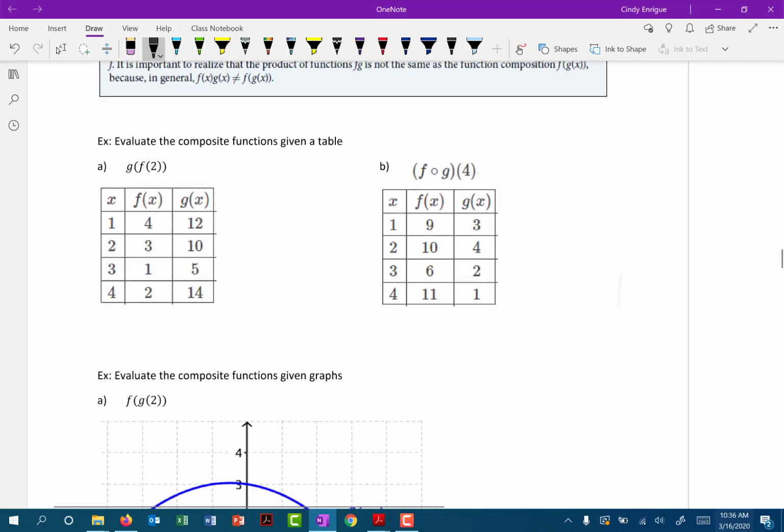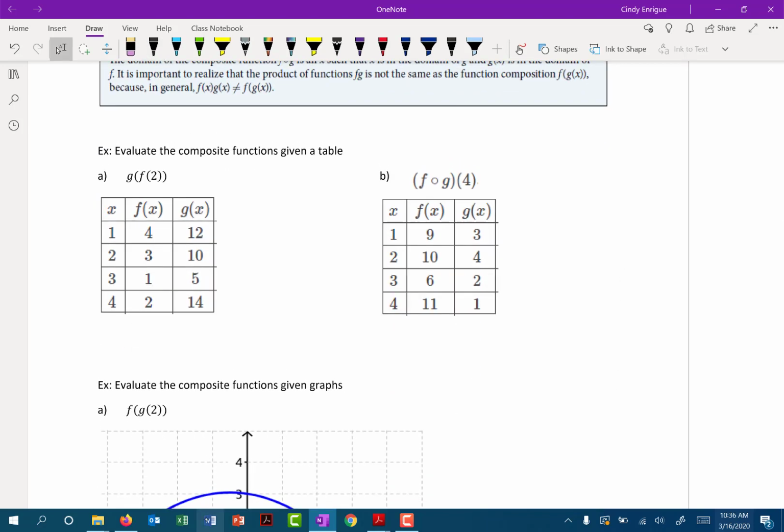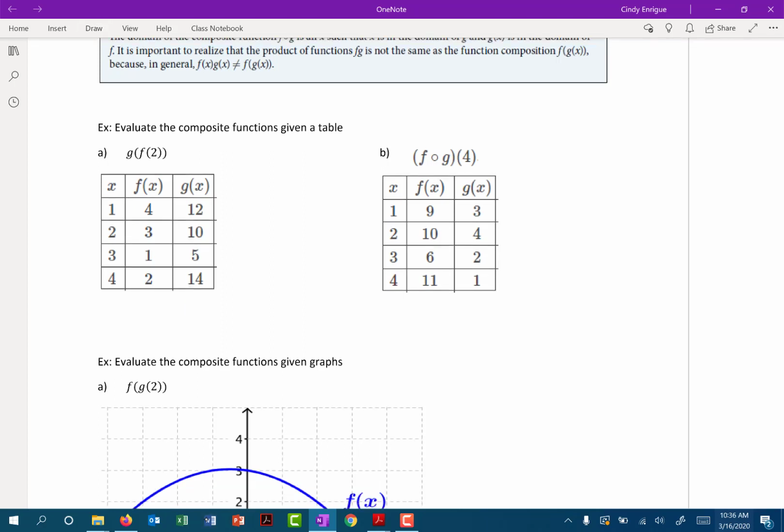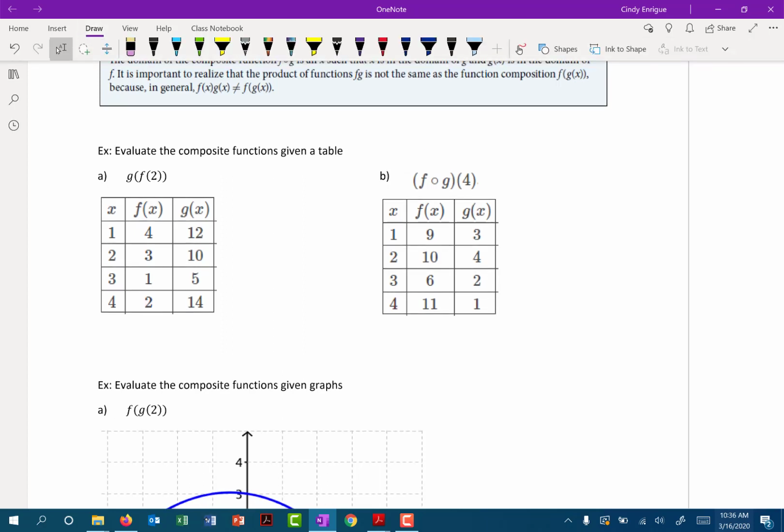So for example, given this, we are going to evaluate g of f of 2. So we want to work from inside to the outside. So work inner to outer.